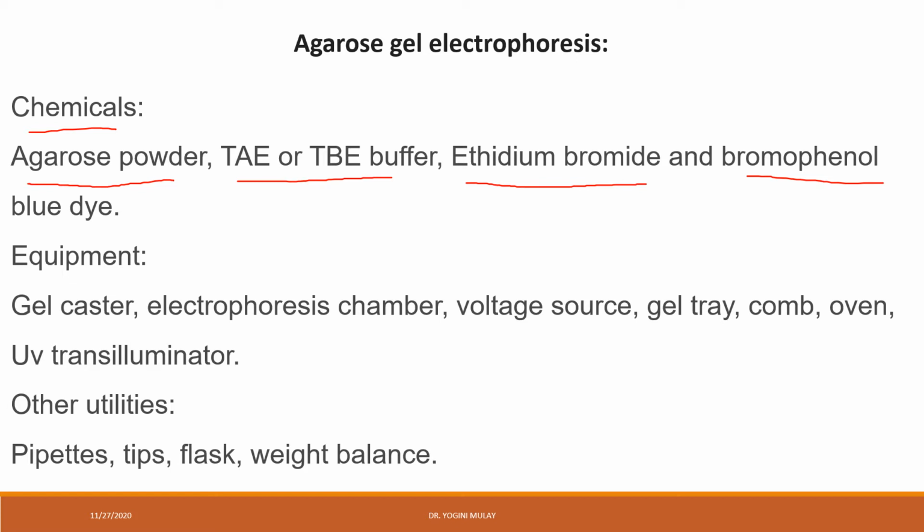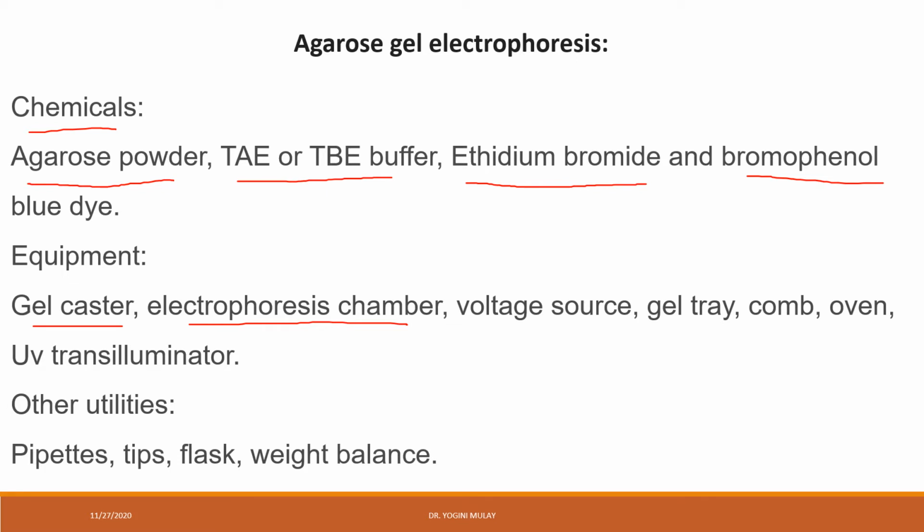Okay. And in case of equipment, we need to have the gel caster, which helps to prepare the gel. Then the electrophoresis chamber is required, where we put the gel and we put on the electric current, and then the DNA will move from one pole to the other pole.